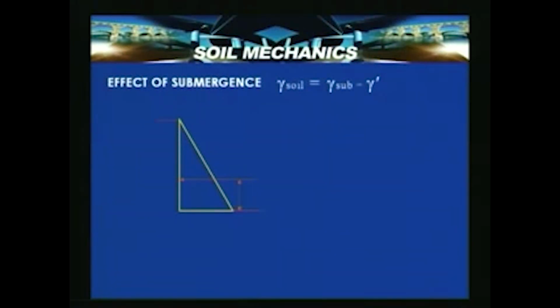Here the linear triangular distribution is for the earth pressure at rest, where P naught, the earth pressure thrust at rest, is equal to half K naught gamma dash Z square, where Z is the depth under consideration, and K naught gamma dash Z is the earth pressure at rest.